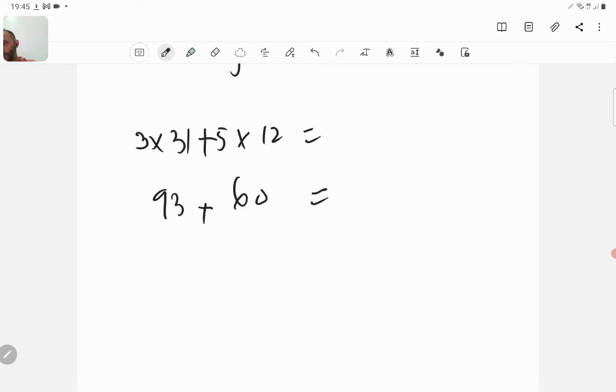The total comes to 153, so the answer is correct.